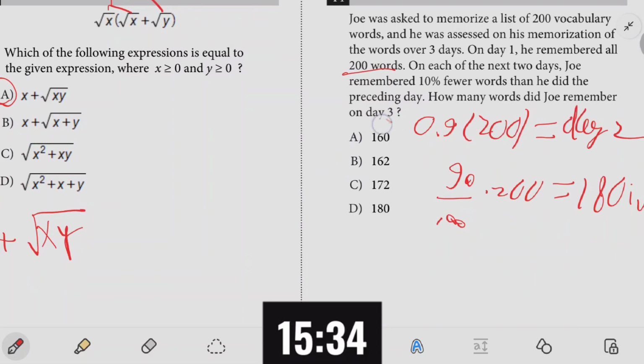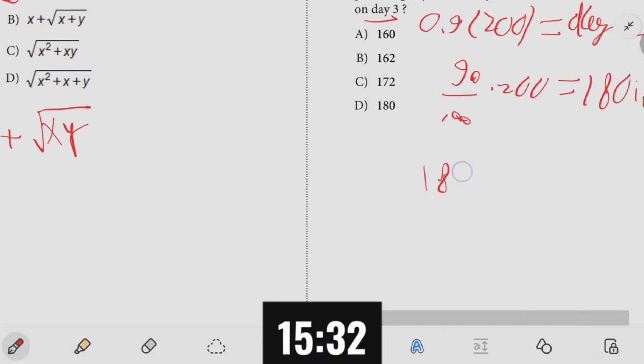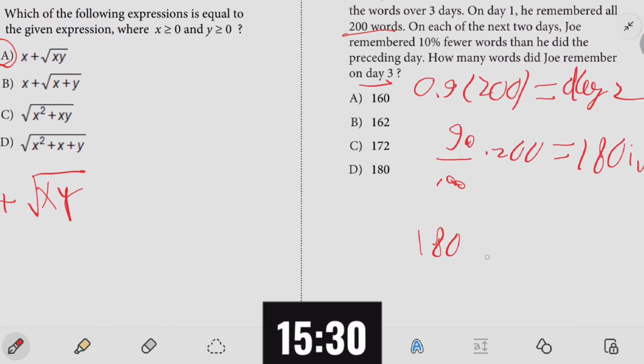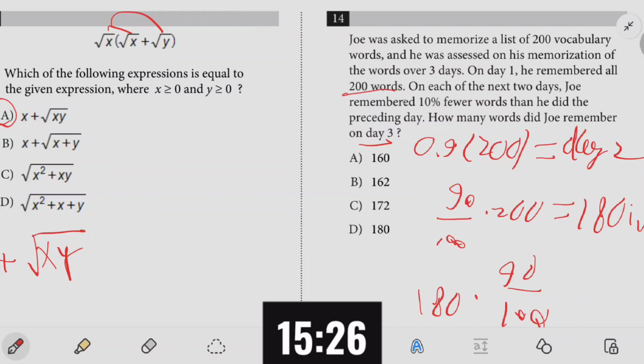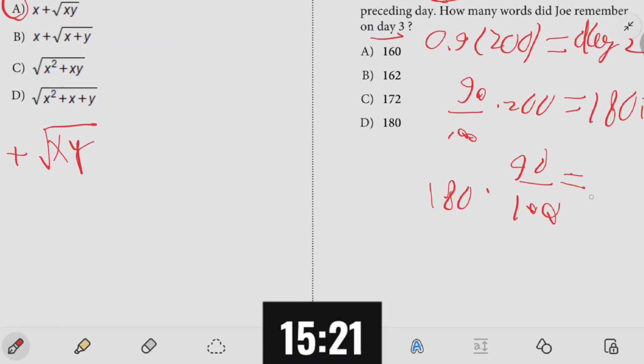How many words did Joey remember on day 3? So now we have to take those 180 words, and we have to multiply that by 90 over 100, because now he remembers 10% fewer of that.